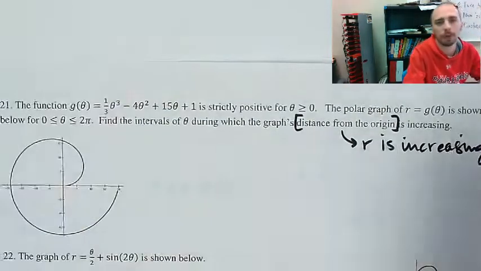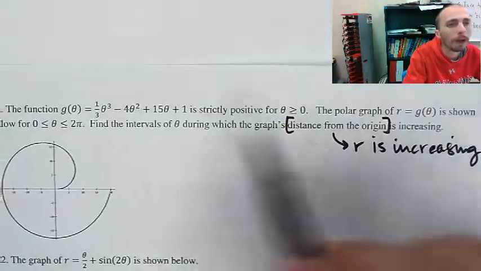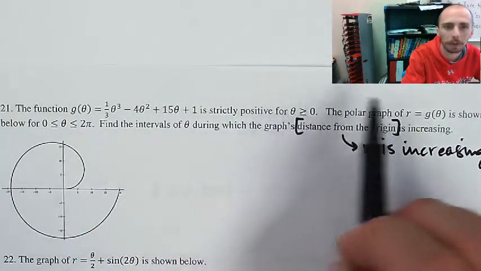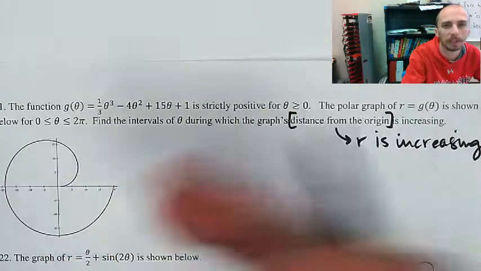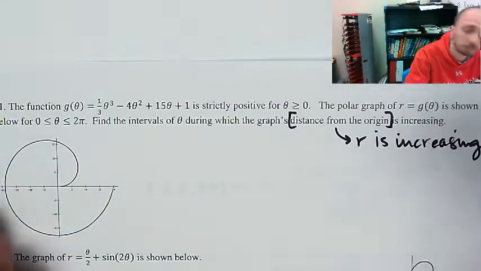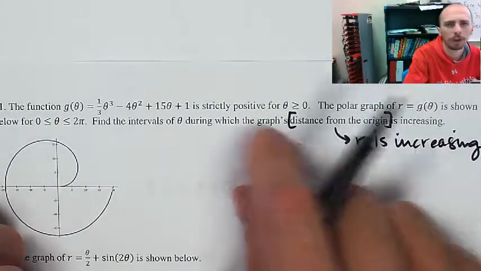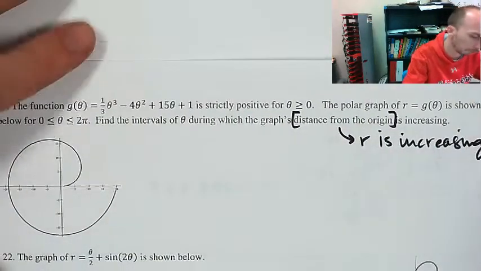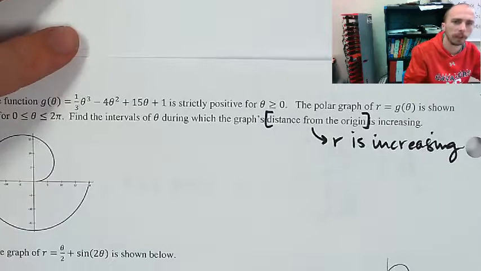I guess really distance from the origin is absolute value of r, but they told us it's strictly positive for theta greater than or equal to 0, so we don't have to worry about where it was negative and decreasing. Which is polite of them. Okay, but in general, that's not a concern that you should have in AP calculus, right? The polar questions don't really go to that level, I've not found.